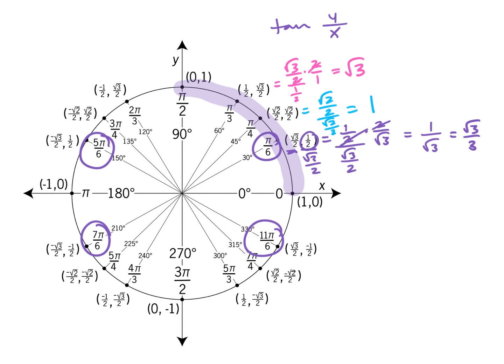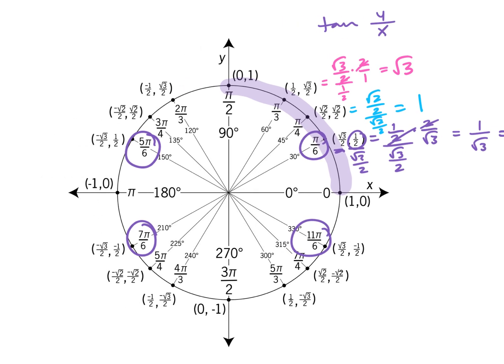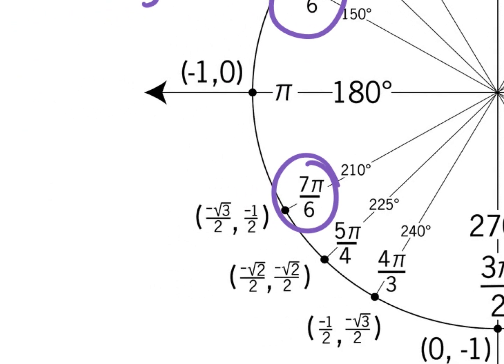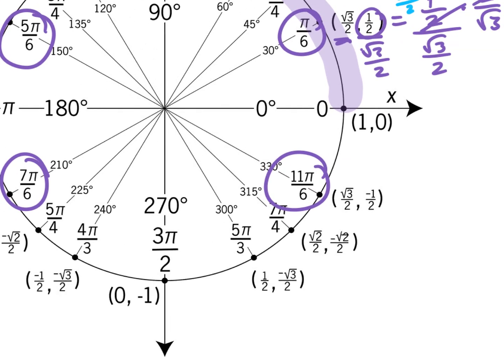If I simplified this to y over x, it would come out to negative square root 3 over 3. So this one down here would be a negative divided by a negative, so this would be positive square root 3 over 3. And then the one in the fourth quadrant would be negative square root 3 over 3.